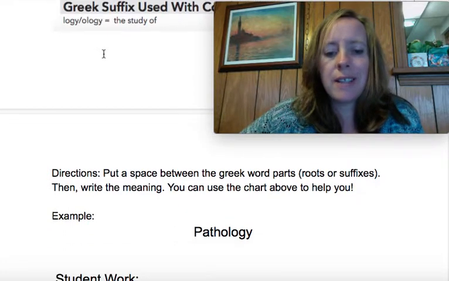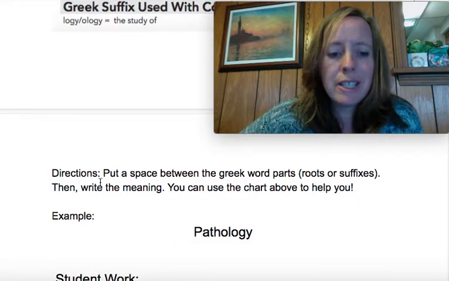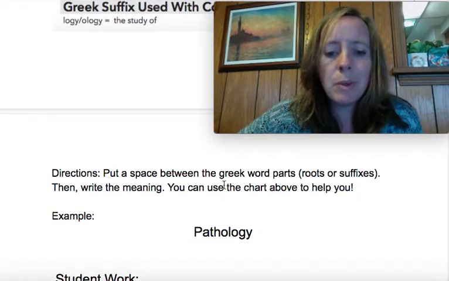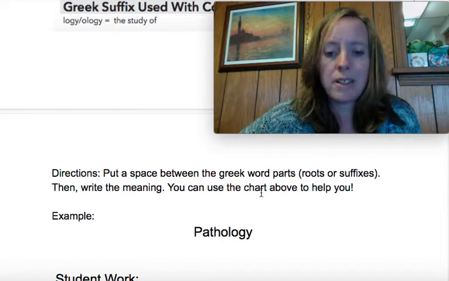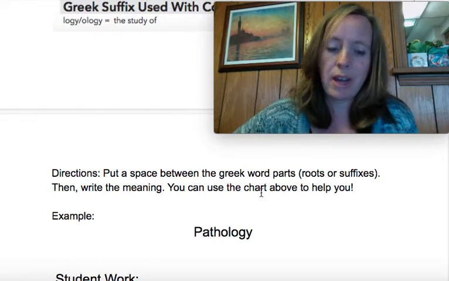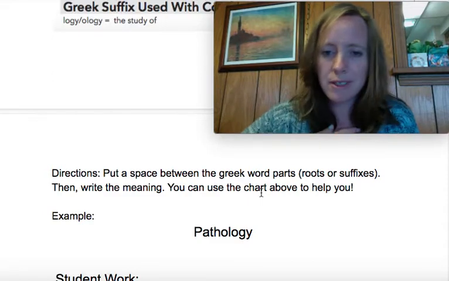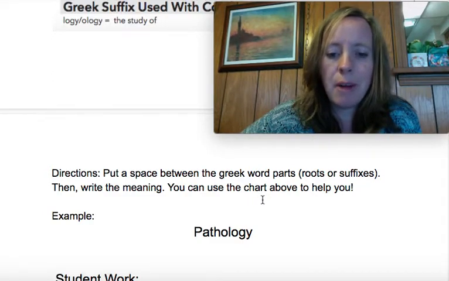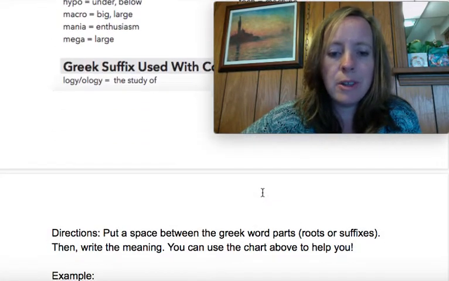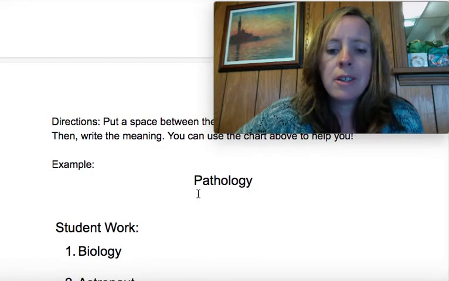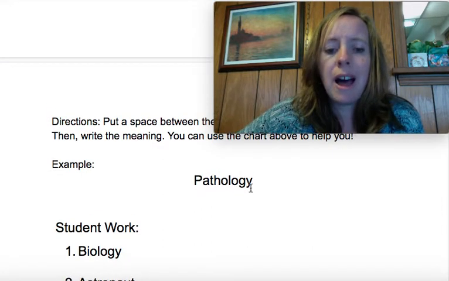Here's your assignment. The directions state, put a space between the Greek word parts, the roots or the suffixes, then write the meaning. You can use the chart above, this chart right here, to help you. So this word is pathology.